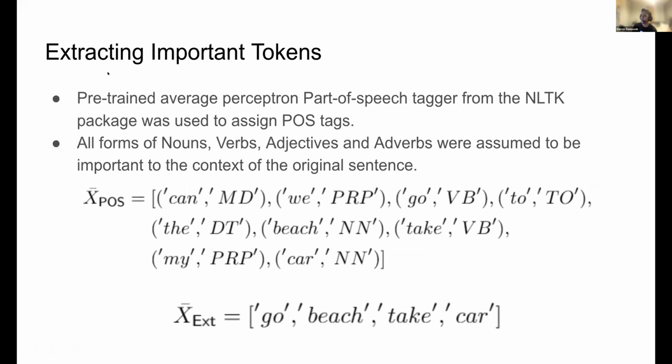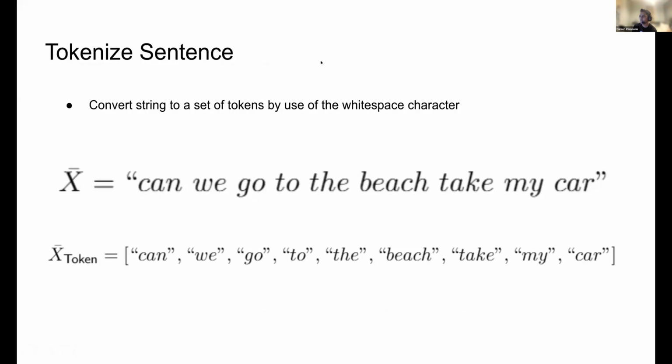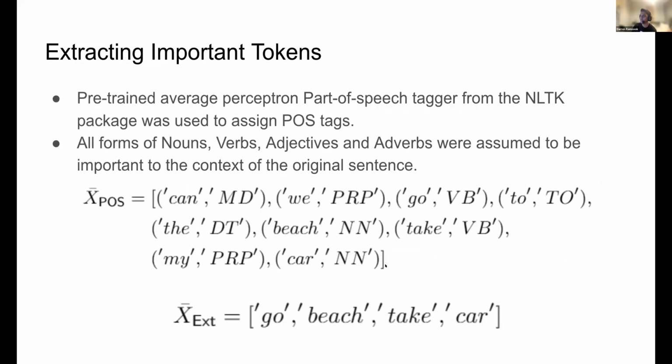The second step is extracting important tokens. We know that not every word is important to the context of the sentence. There are some words that you can do without. To do this, we use a pre-trained averaged perceptron part of speech tagger from the NLTK package to assign part of speech tags.